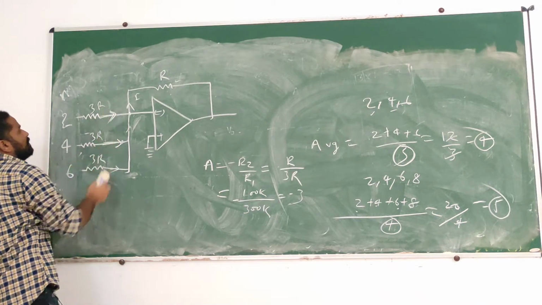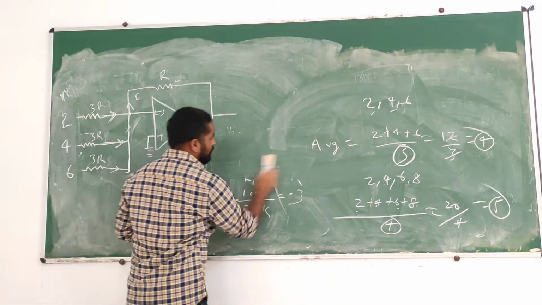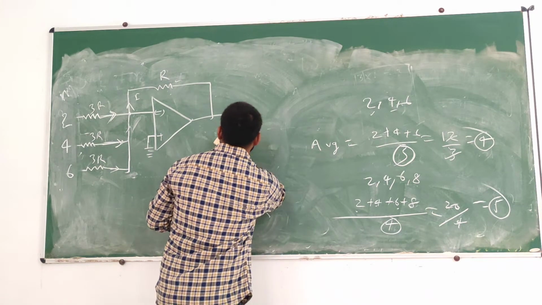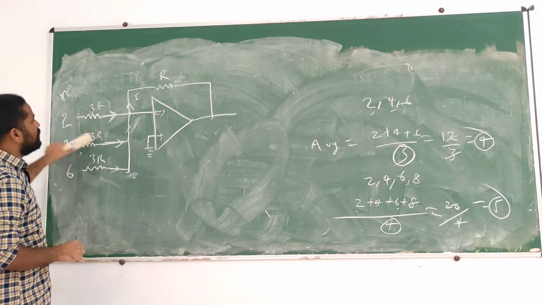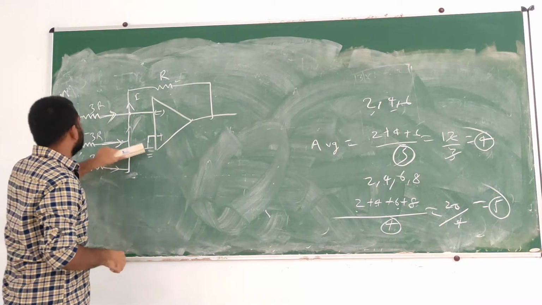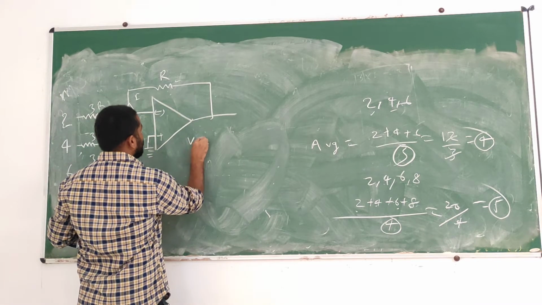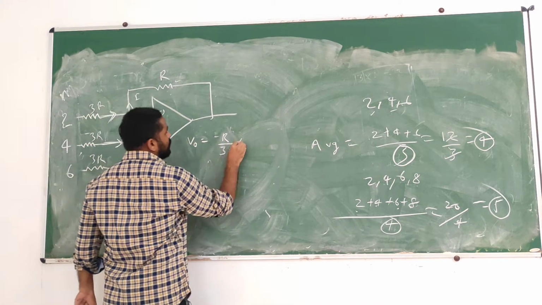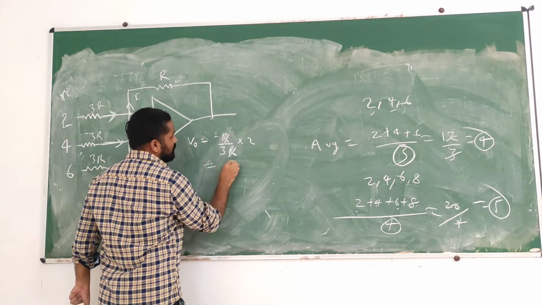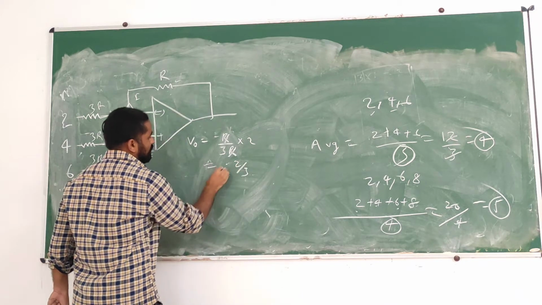So if you calculate the gain, now if you take the effect of 2 volt on the output, what will be the output? V naught equal to minus R by 3R into 2. This will get cancelled. This will be nothing but minus 2 by 3.